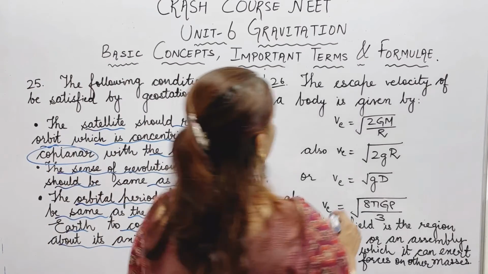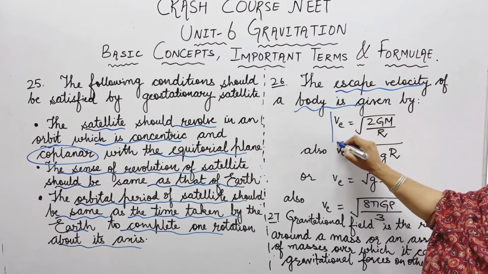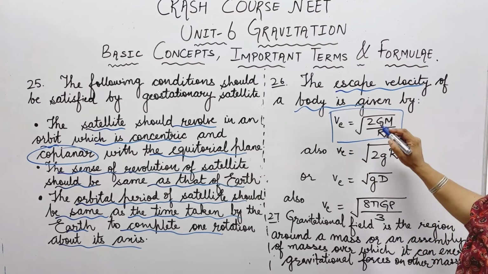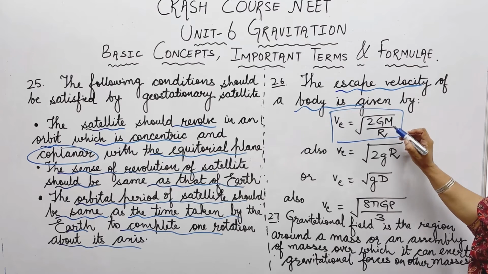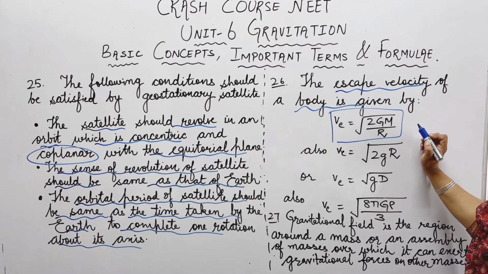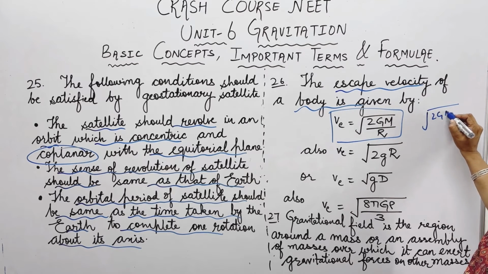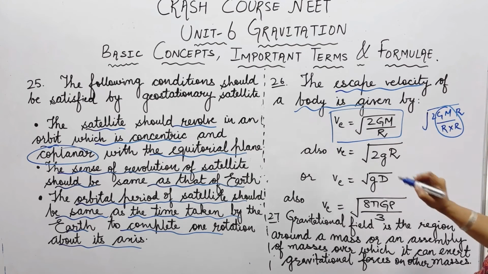The next is about the escape velocity of a body, and this is given by the relation under root 2GM by R. G is the gravitation constant, M is the mass of Earth, and R is the radius. This can also be written as 2GM multiplied and divided by capital R. So GM by R square will become acceleration due to gravity.